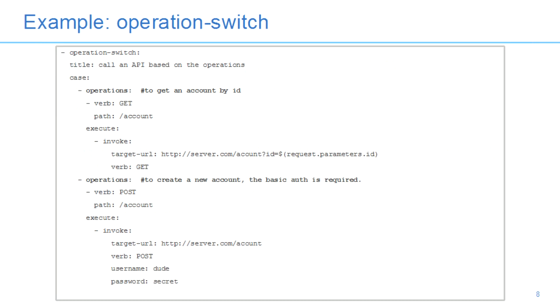But when you need to do something operation-specific, you can use operation switch to fork into those different subflows.